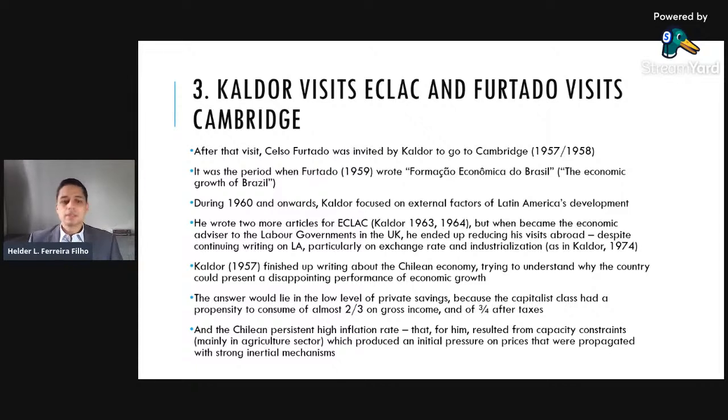Also, he points out that the persistent high Chilean inflation rate was an obstacle for development in the country. This high inflation resulted from capacity constraints, mainly in the agricultural sector, which produced an initial pressure on prices that was propagated with strong inertial mechanisms, commonly seen in the region.